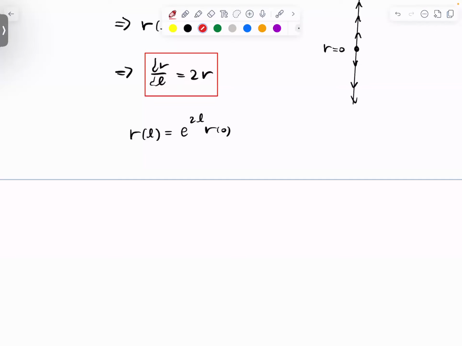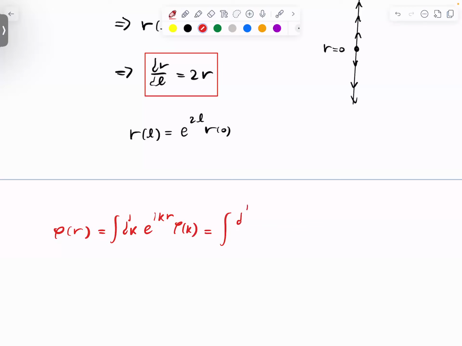We can also deduce the scaling in real space by looking at the Fourier transform, because phi of x is equal to an integral d^d k e to the i k x phi of k. Now we can use the RG transformation.